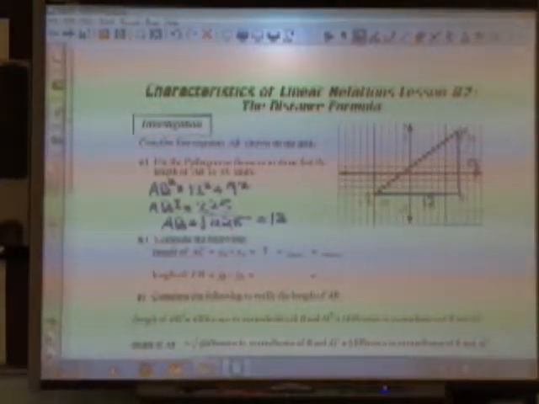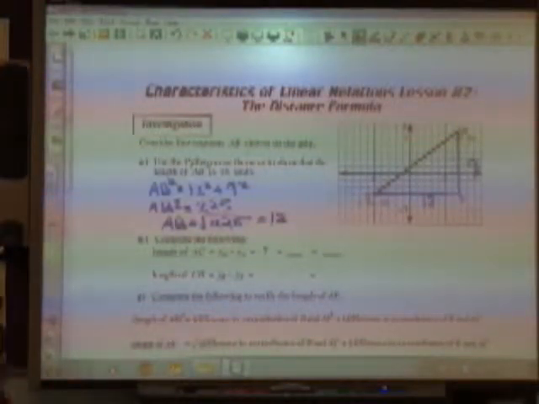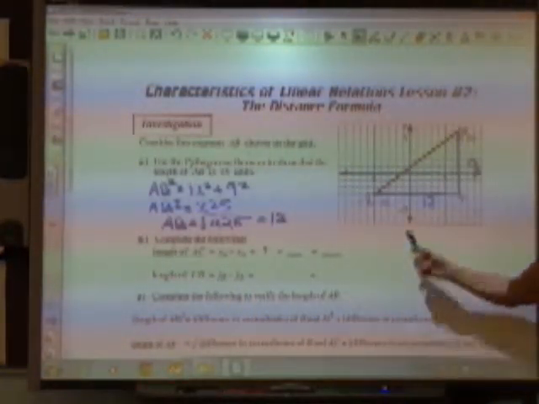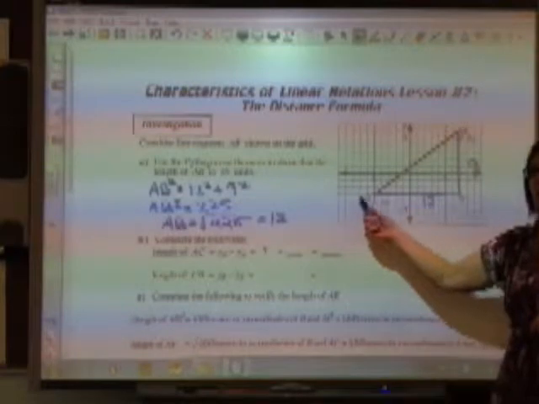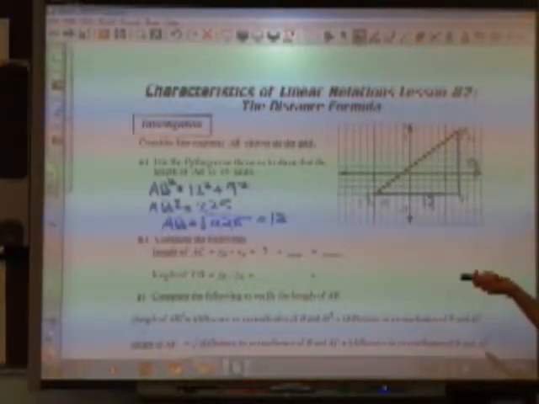But what if we couldn't graph this? What if we didn't have grid paper, or we didn't want to actually have to go through and figure out the horizontal and the vertical length? Or perhaps the line is quite a long line, and so the horizontal and the vertical lengths would be large numbers. What could we do then? Well, if you remember from the other class, when we were calculating the length of the horizontal lines, we subtracted coordinates.